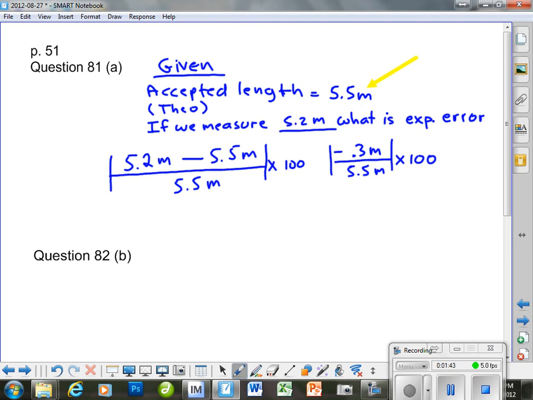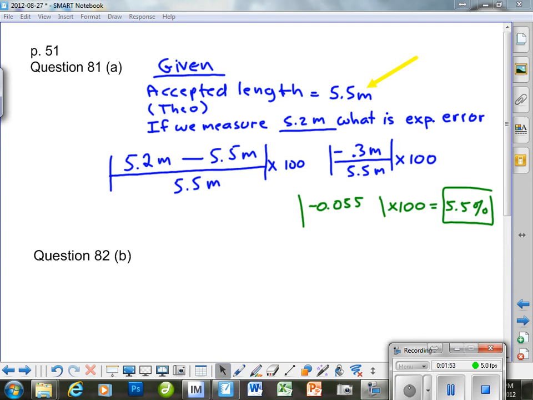So when we get this figured out, what we have at the end is 0.3 divided by 5.5. So we come out with the minus 0.055 here, and the absolute value changes it to a positive number, and multiplying by 100 moves the decimal over 2 places, so it goes from here to here to here. And that's how we get our 5.5%.